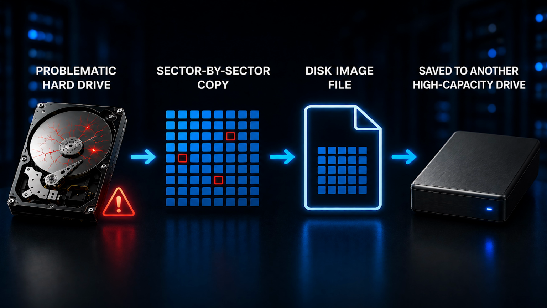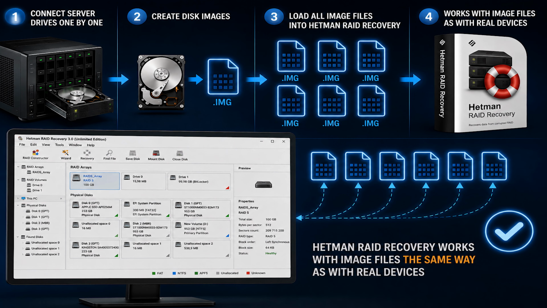An image is an exact byte-for-byte copy of your physical drive, saved as a regular file on another storage device with sufficient capacity. You can connect the server drives one at a time, create images from them, and then simply load all the resulting files into Hetman RAID Recovery. The program will work with them exactly as it would with real physical devices.